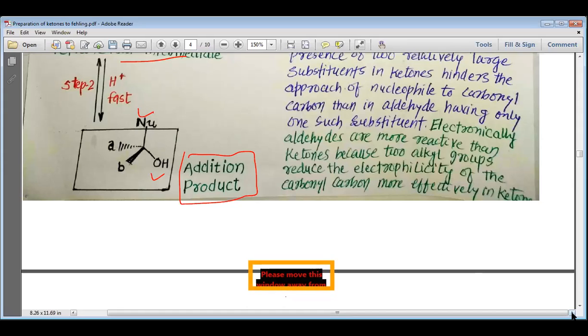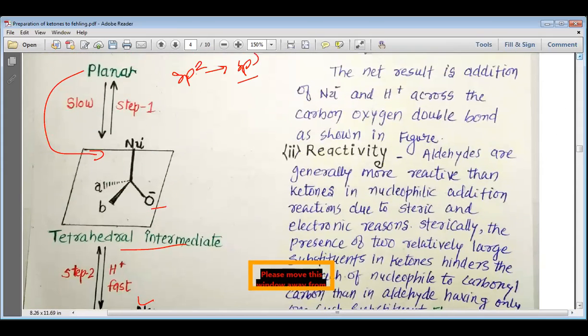Here, my dear students, if we look at the reactivity, for two reasons we realize that aldehydes are more reactive than ketones. First is the steric reason: ketones have two bulky groups, whereas aldehyde has only one, which facilitates the attack of the nucleophile.